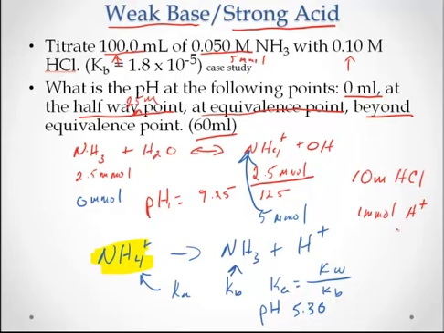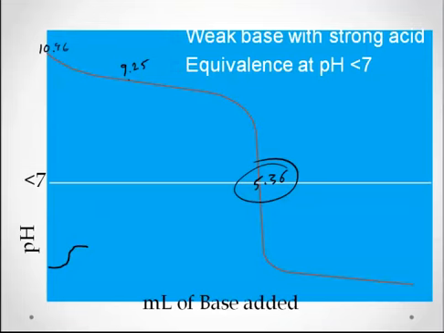And of course, what's the total volume? Well, you're going, obviously, Mr. Richardson, it's 160 because you're good at this stuff by now, right? And so when you do that, you figure out the pH equals 2.21. All right? And so we go back to our curve, and here we are at 60 over here at 160 at 2.21. All right?